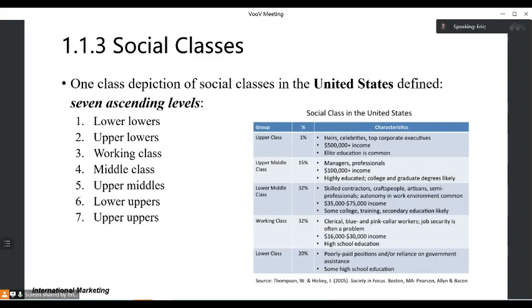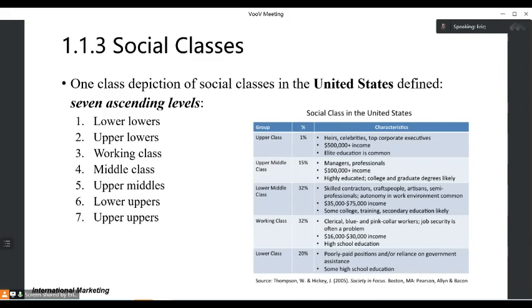And we knew why they are discriminated into 7 levels, just because people of these levels have different values, different interests, maybe different education, different income.